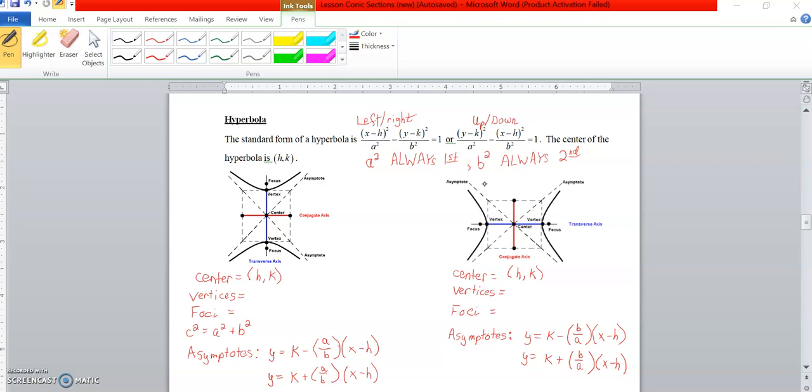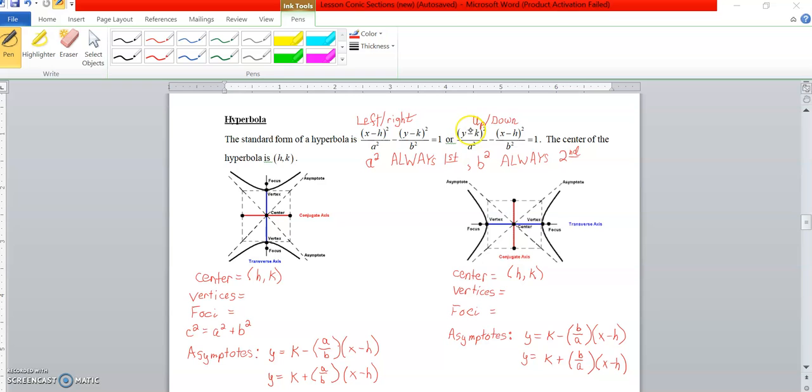So if you had a 9 and a 36 on the bottom, a was always the larger number. For a hyperbola, that's not true. For a hyperbola, the a squared is always the first term, no matter if it's the larger or smaller number. So with that said, if the x squared comes first, our hyperbola opens left and right.